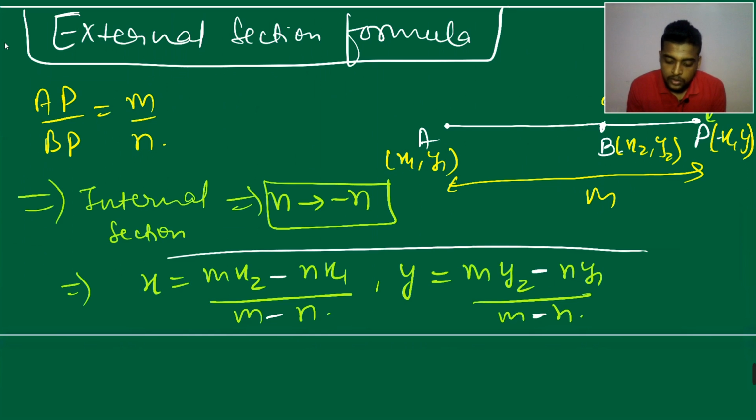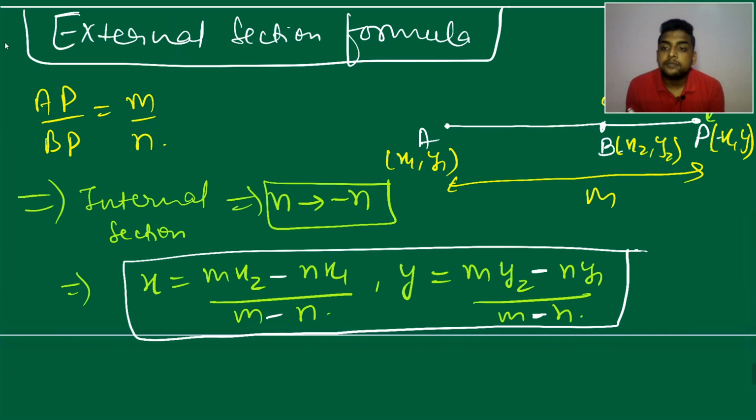This is how the point P can be written. Any problem? No. So ultimately, internal or external, there is no difference. Just memorize the internal section formula, and in place of n just put minus n. That's it, you'll get the external section formula.